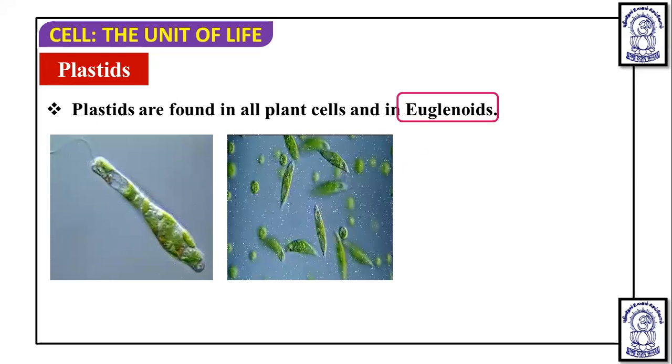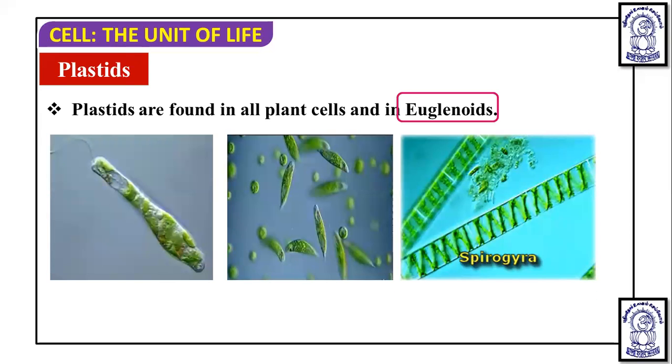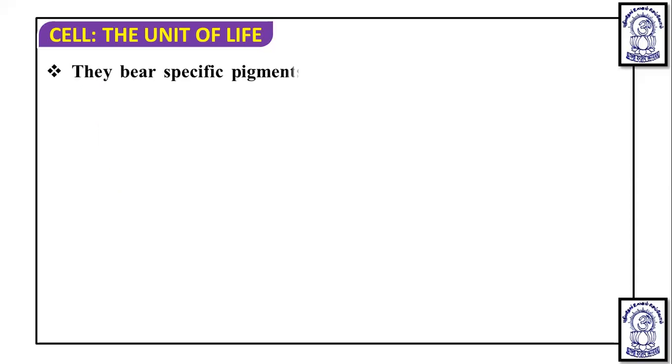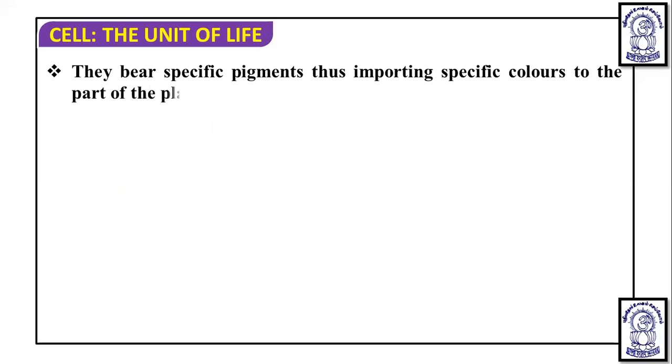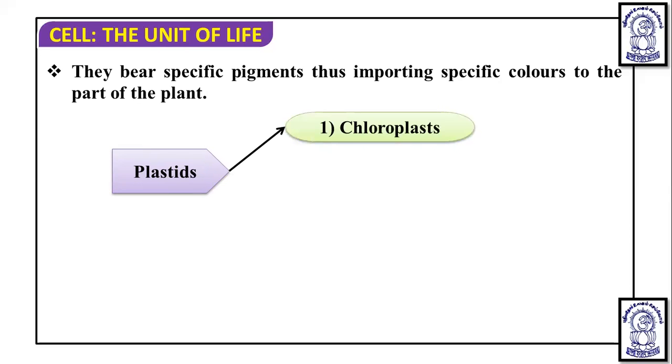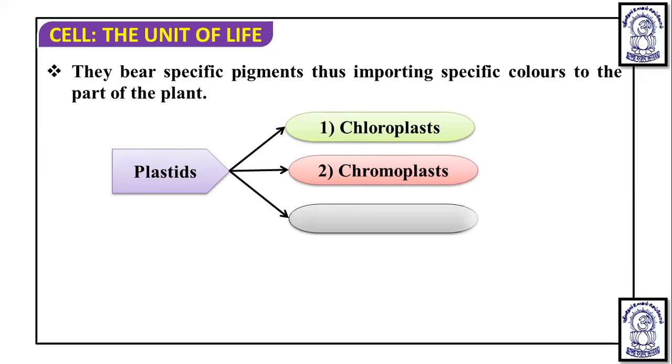Euglenoid is one type of protist, and in some algae also these plastids are found. These plastids bear specific pigments, and due to the presence of their specific pigment, they have a specific color and give a specific color to the part of the plant. Plastids are of different types: chloroplast, chromoplast, and leucoplast.